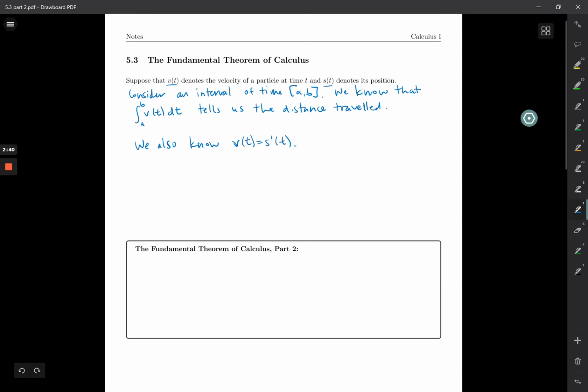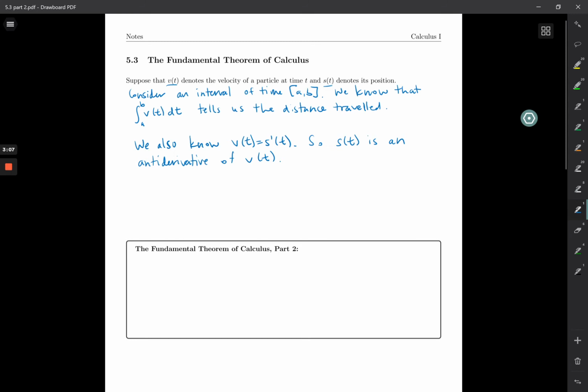We mentioned that. And then we can reinterpret this to say that S is an antiderivative of V. So V is the derivative of S, S is the antiderivative of V, right?